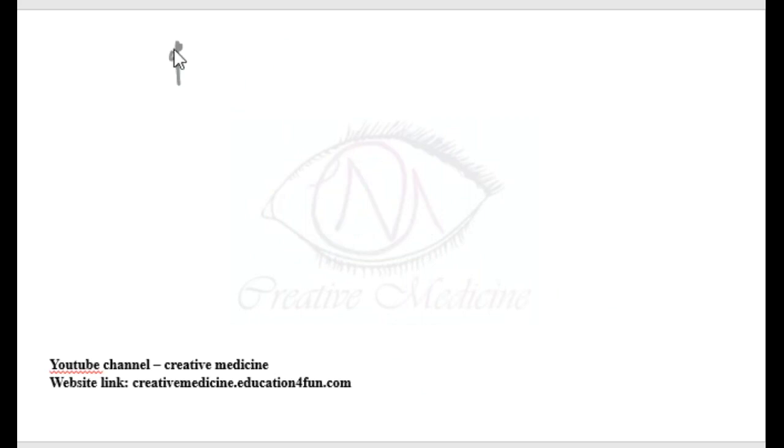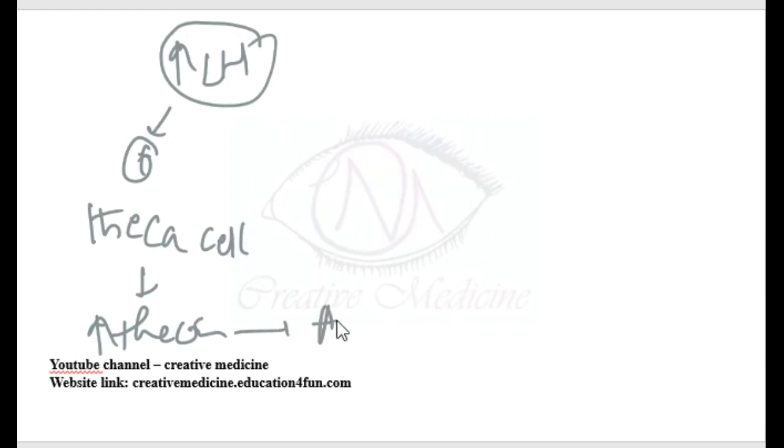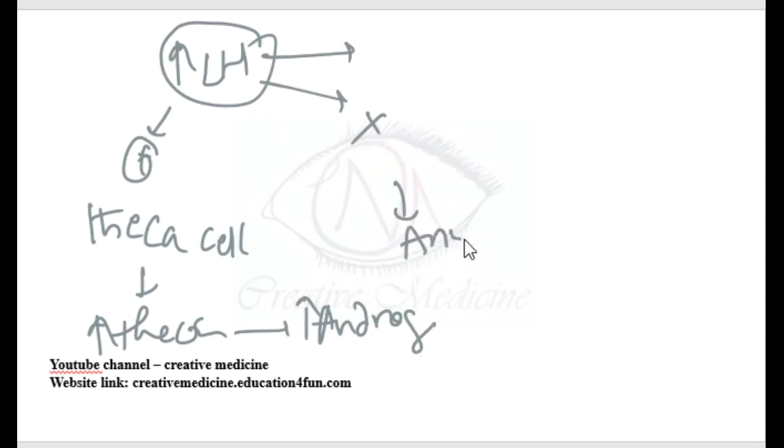Now, because of increased luteinizing hormone, this luteinizing hormone will activate the theca cells of the ovary, causing hyperthecosis, which results in increased androgen. If there is continuously increased luteinizing hormone, then there is no LH surge, resulting in anovulation.